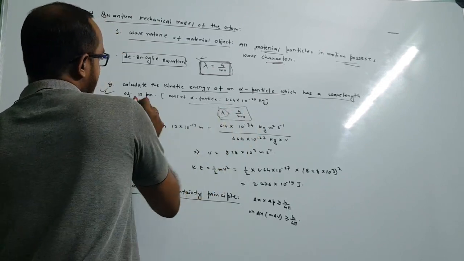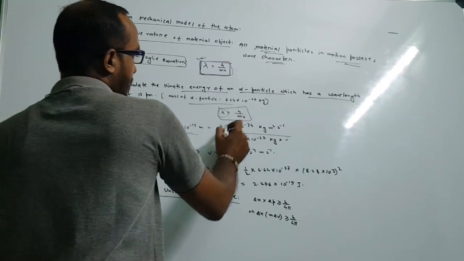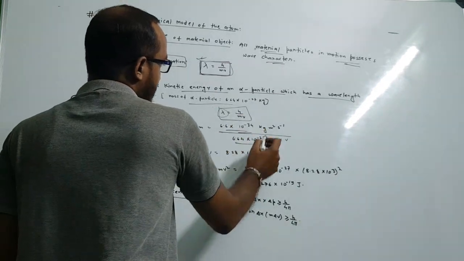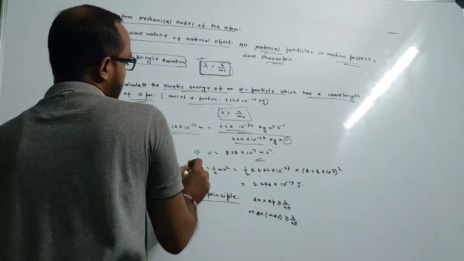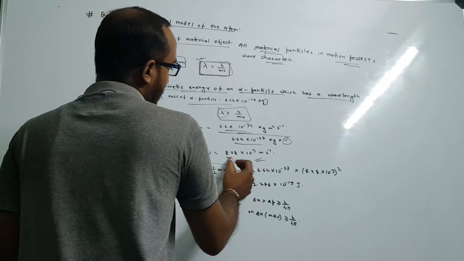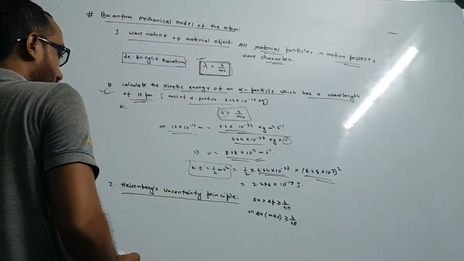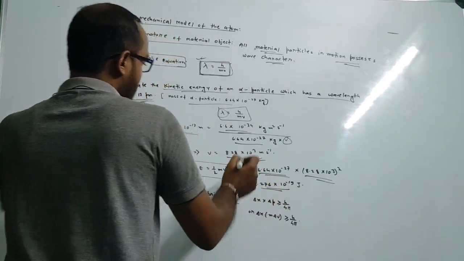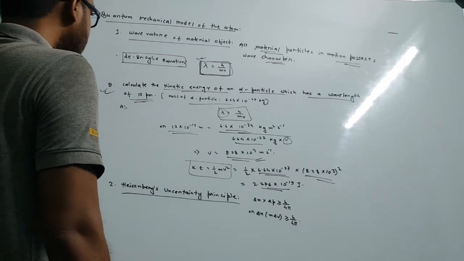So lambda is given as 12 picometer, that means 12 into 10 to the power minus 12 meter. We know h, the Planck constant, we know the mass. Put the values, calculate the velocity, and then the kinetic energy, which is half mv square. Put the value of v square and the mass, and you will get the kinetic energy of the alpha particle.